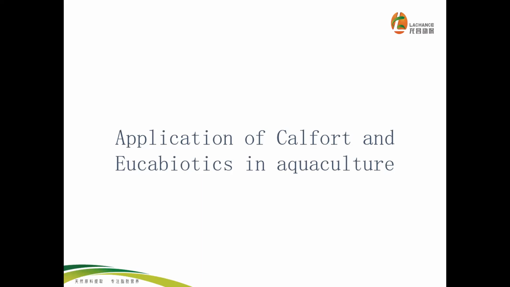Let's say for EHP, because EHP is intracellular, living in the cells, it is not easy to kill. But at a certain stage, when the spores are released out of the cells, we try to use some essential oil to kill them.